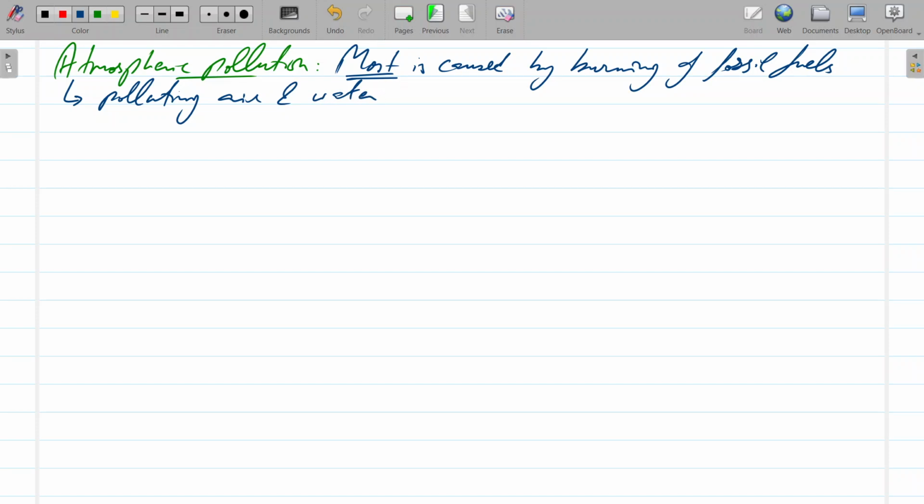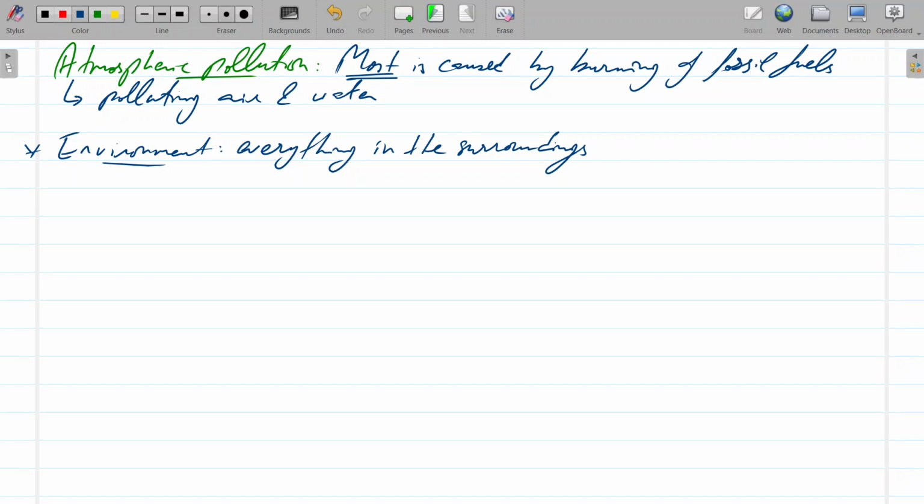Because in the book they mention atmospheric pollution or environmental pollution, and the environment is everything in the surroundings of an organism that could possibly influence it. I'm just putting that here.